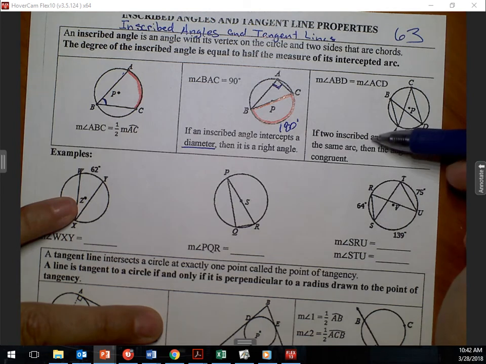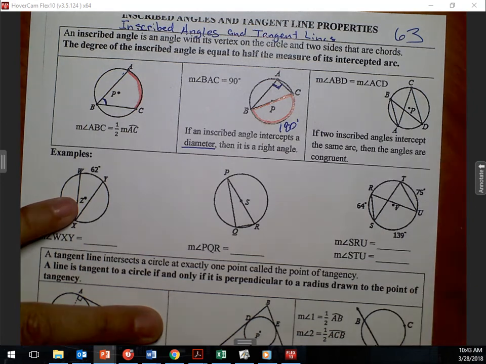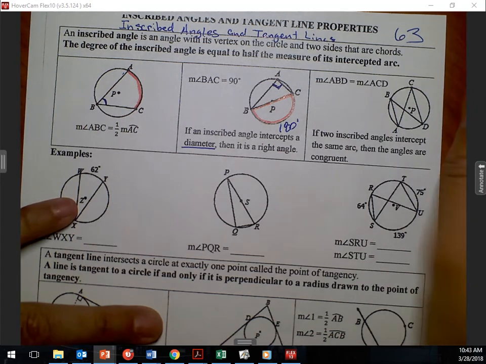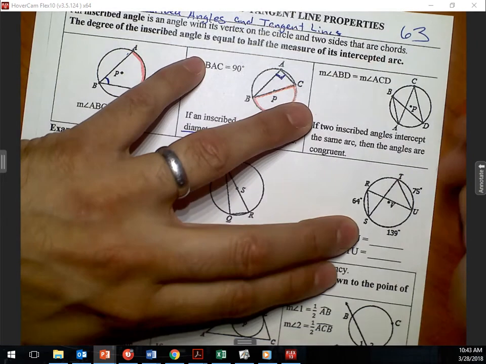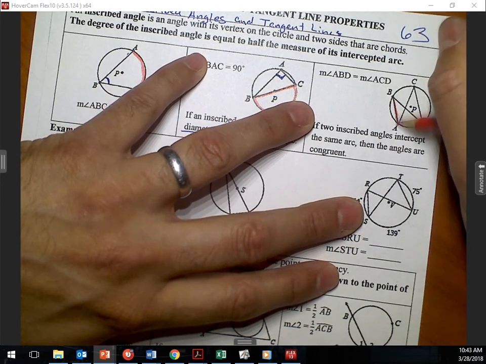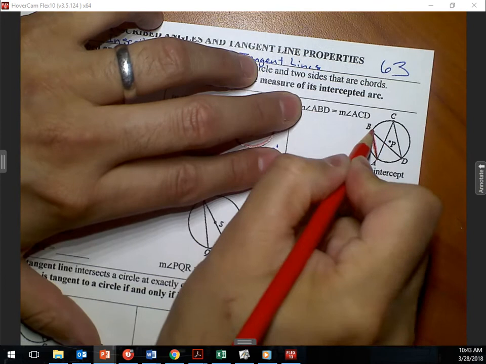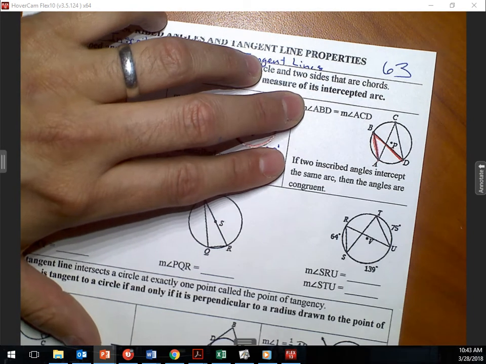If two inscribed angles intercept the same arc, then the angles are congruent. So I'm going to show you my two. It's going to be ABD, A to B to D, like that.